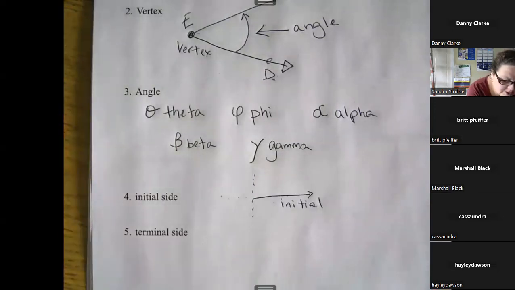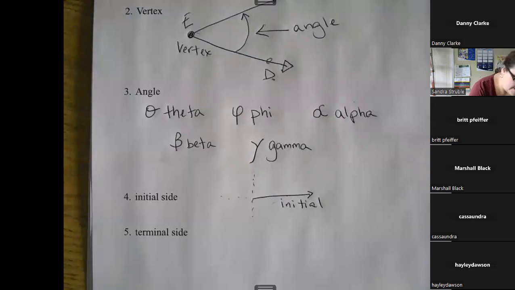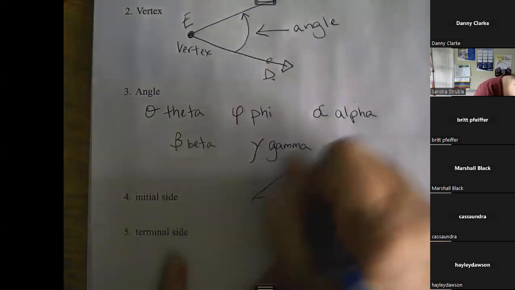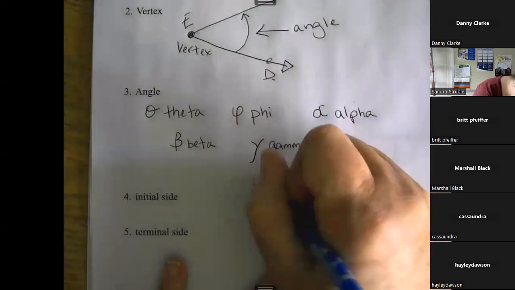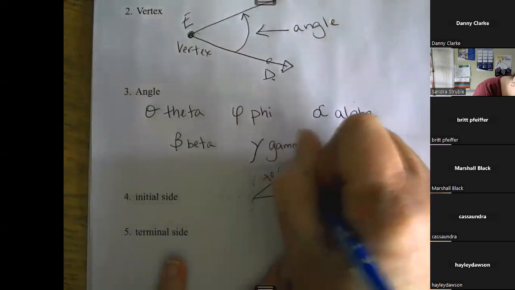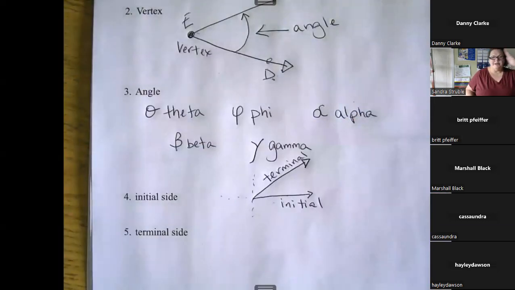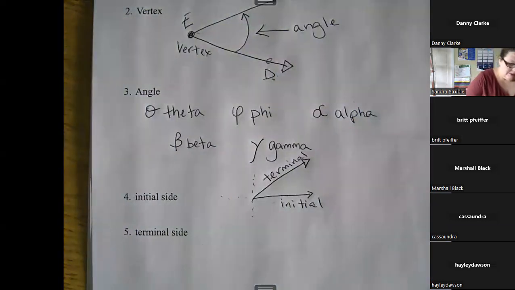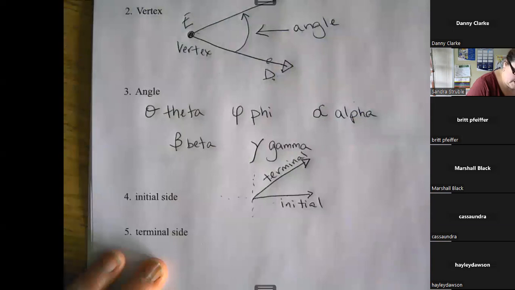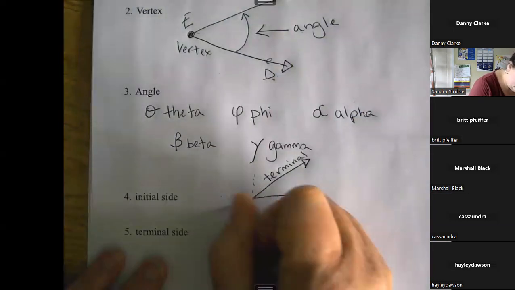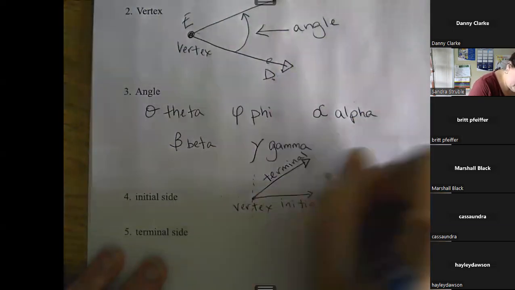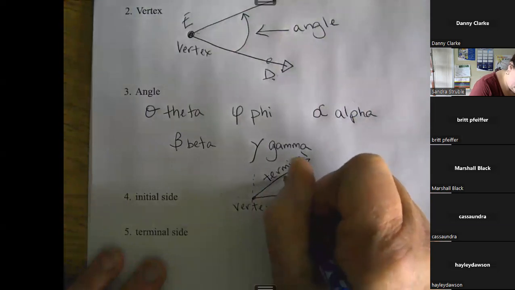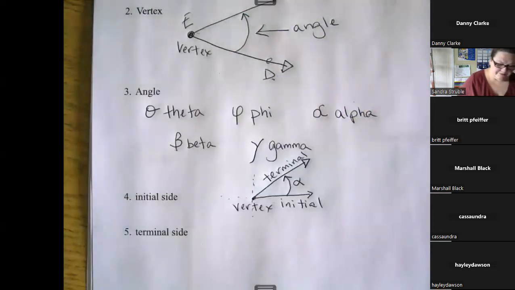We're going to have two rays, the first one being the initial, the second being our terminal side. Terminal is the one that decides how many degrees, or how far from the initial side, we're going. So we've got the initial side, the terminal side, and the vertex right here, and inside here is our angle. We'll just name it theta.